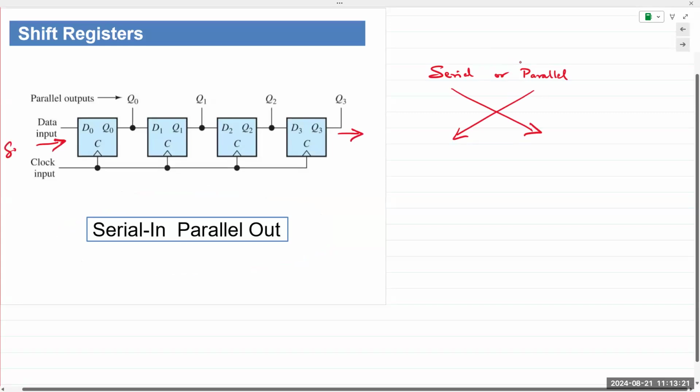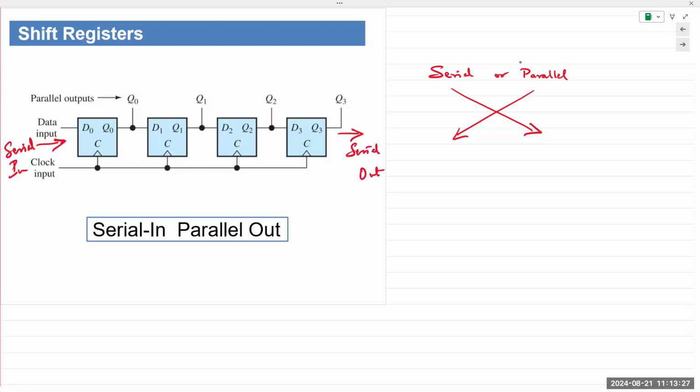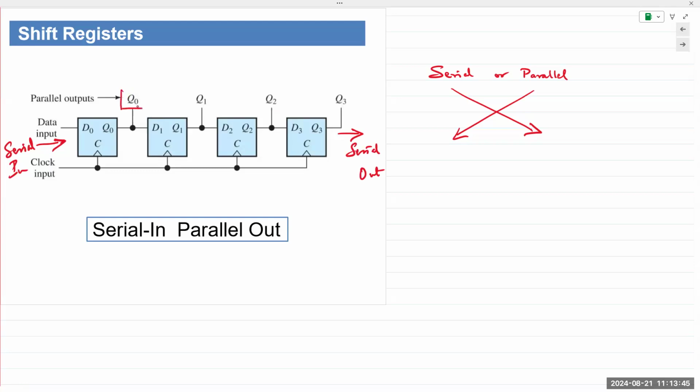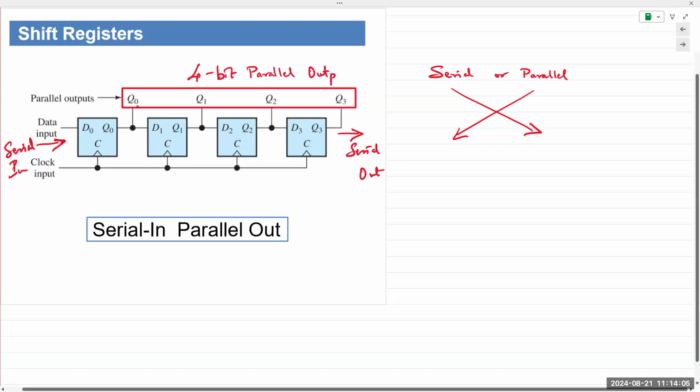Okay, so serial in, serial out. But if you take the outputs of all flip-flops in that system collectively in parallel, which is possible, so you have Q0 to Q3, a 4-bit parallel out, then the same shift register is a serial in, parallel out.